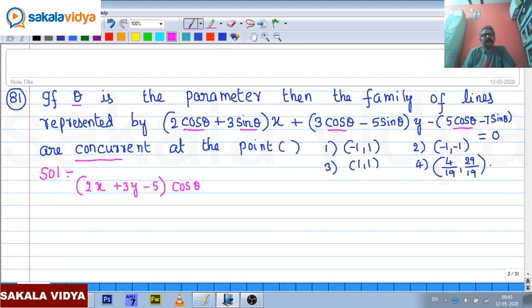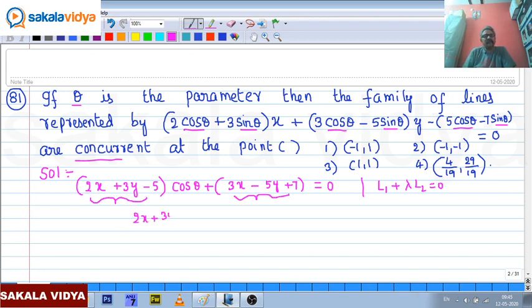Now sin theta: plus 3x minus 5y, minus into minus plus 7 equal to 0. So this is in the form of L1 plus lambda L2 is equal to 0. So that means the point of concurrence is the point of intersection of these two lines. That means 2x plus 3y minus 5 equals to 0, equation 1.